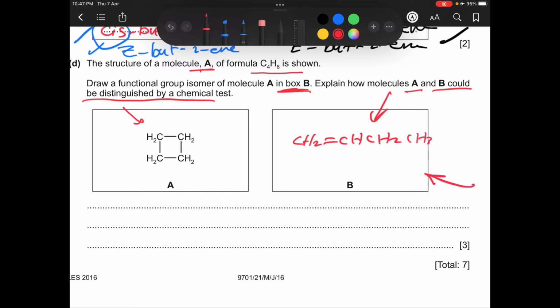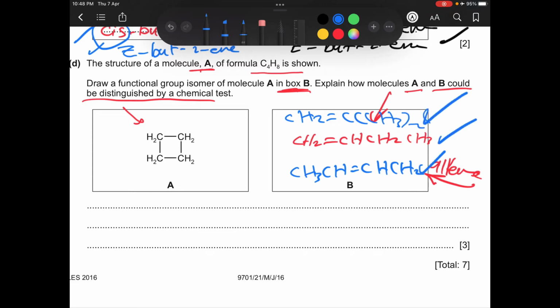The most important thing here is that you have to draw an alkene, so don't worry about the position of the double bond. You can draw it like this, or like CH3, CH double bond CH, CH3, or you can do it in a branched form, which is CH2 double bond C, open bracket CH3, close bracket, twice. So all of these are correct because these are alkenes.